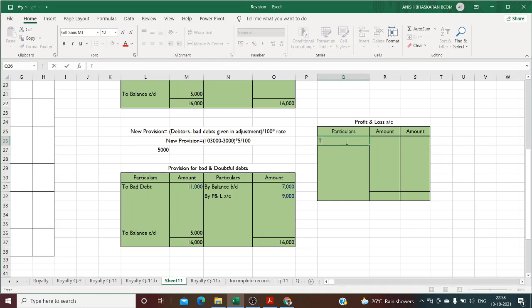I will write this to bad debts. So inner column. We are considering only the debit side of the P&L account.